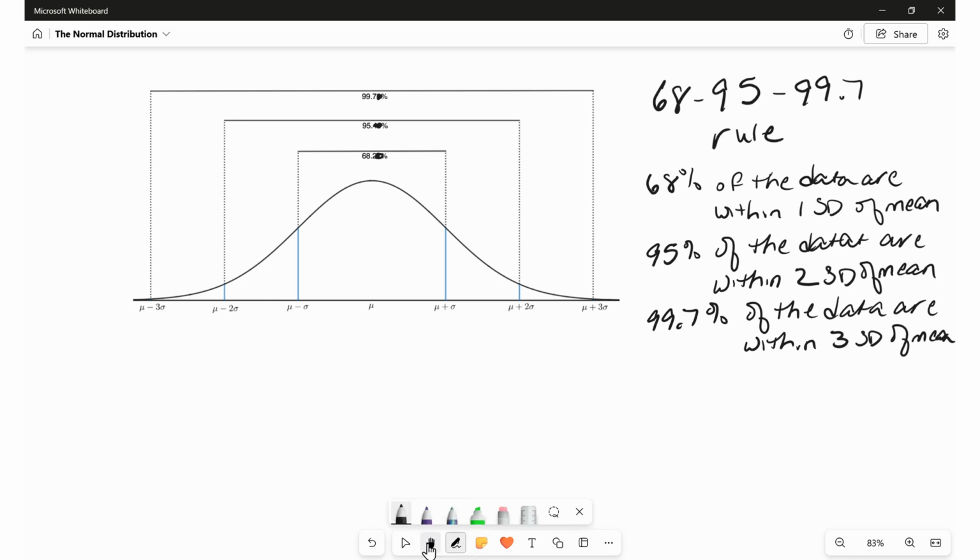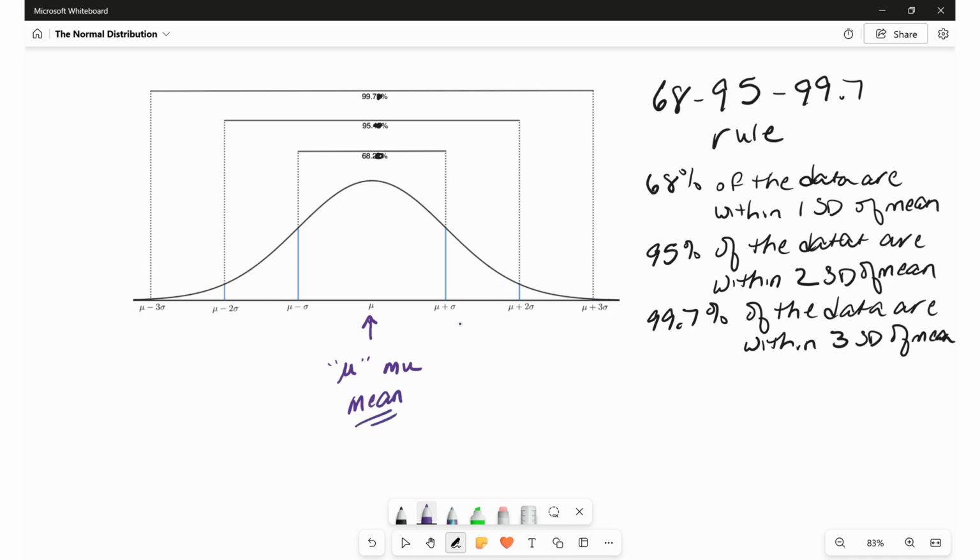So what we're saying, and let me go ahead and point out some things. This kind of weird looking U is the Greek letter mu, which means mean.